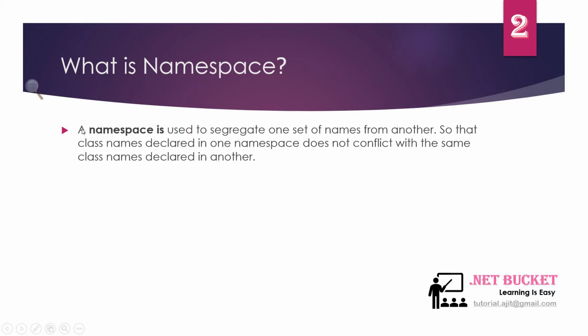Now let's see. A namespace is used to segregate one set of names from another, so that a class name declared in one namespace does not conflict with the same class name declared in another. What we had is class 1 declared in namespace developer1 and class 1 declared in namespace developer2.